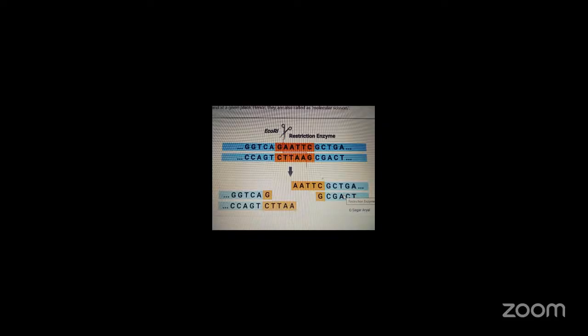So what are there here? Type 1 restriction endonucleases cleave at sites remote from the recognition site. They require both ATP and S-adenosyl L-methionine to function.